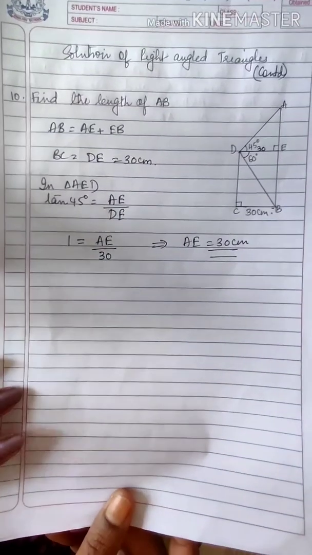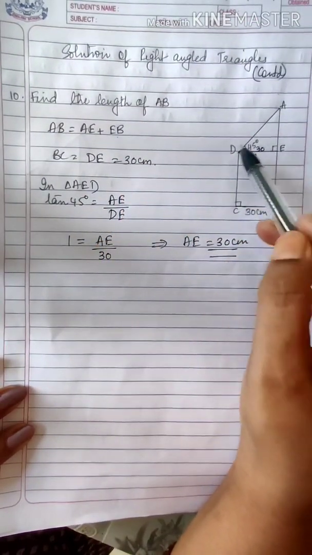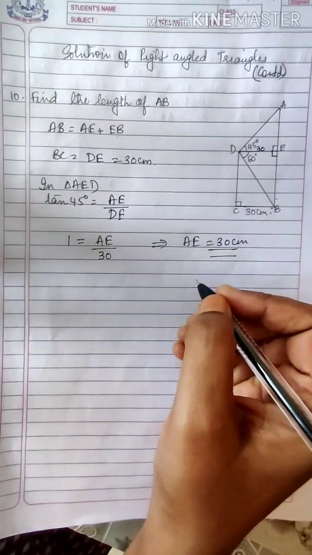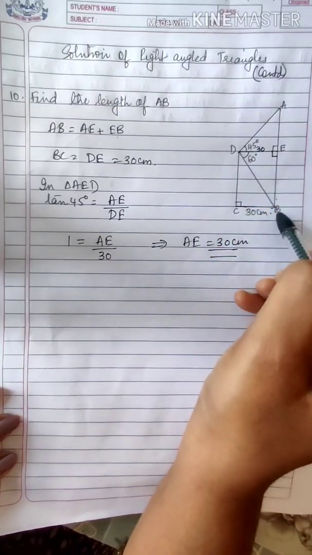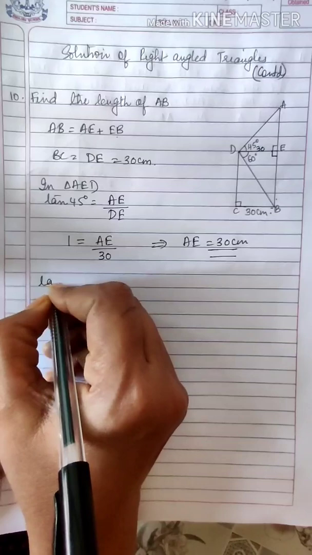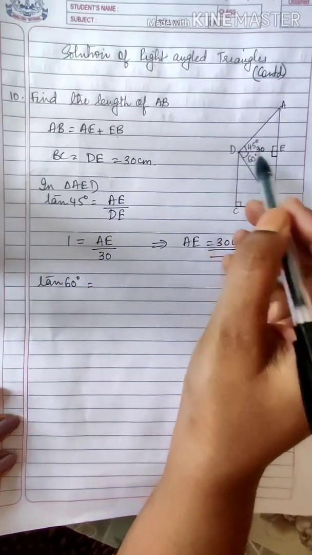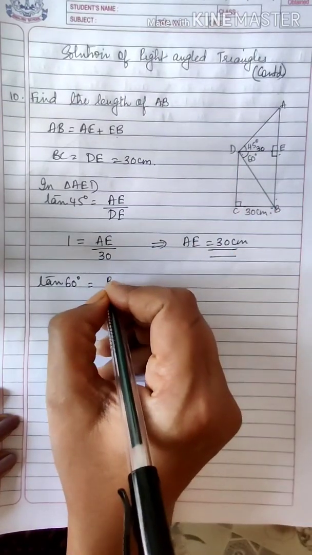Now, to find EB, we will go to the triangle BED. If you see, triangle BED is also a right angle triangle. So, with reference to this triangle BED, we can form the ratio tan 60. So, tan 60 will be equal to BE upon DE.